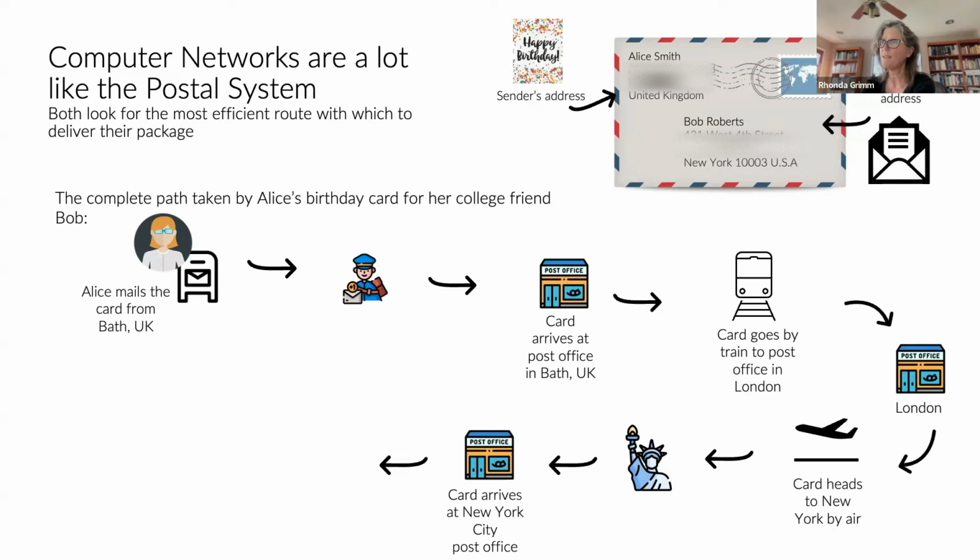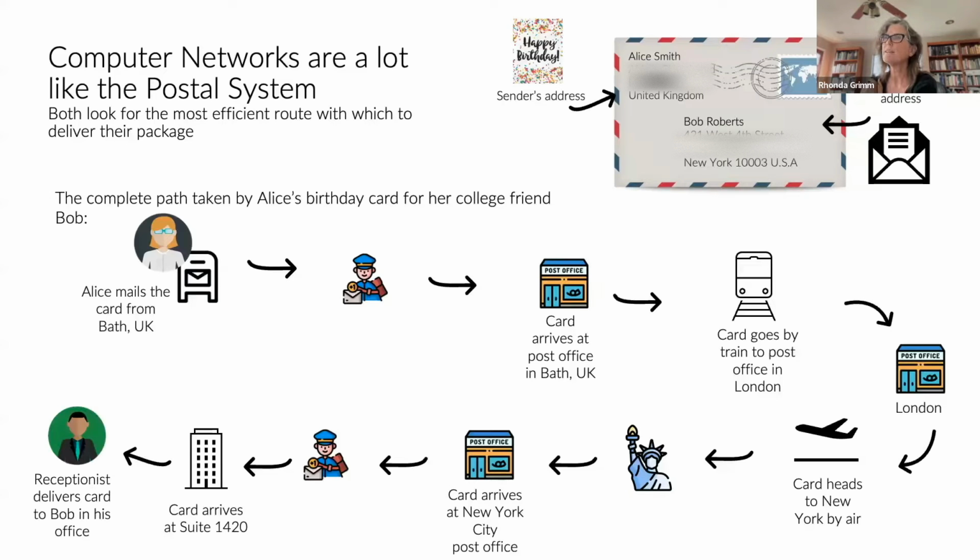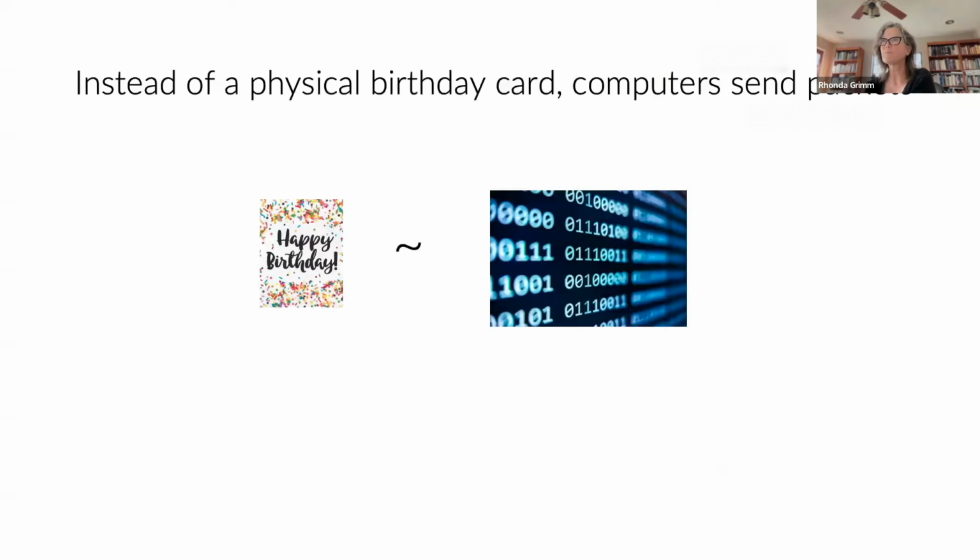Everything arrives in New York City at the post office, a mail carrier takes it and delivers it to the building that Bob works in, and the receptionist delivers it to Bob. So it's great. Everybody does what they need to do along the way. The post person in the UK has no idea how to get it to Bob's office building, but it's okay. Doesn't need to, just needs to know how to get it to the next hop.